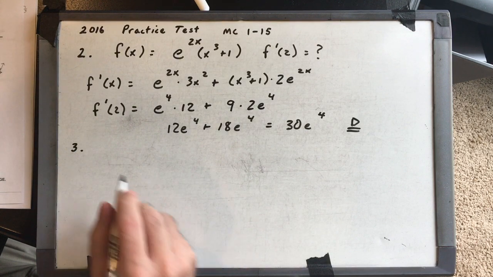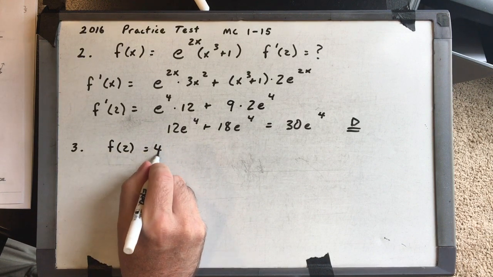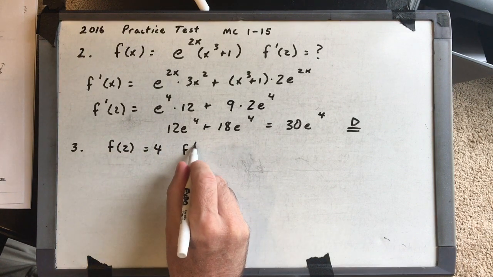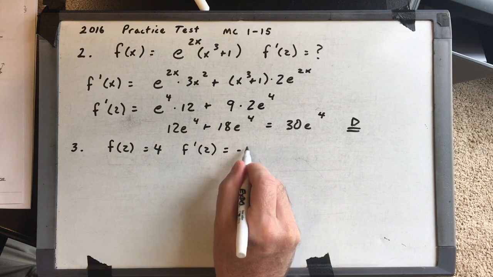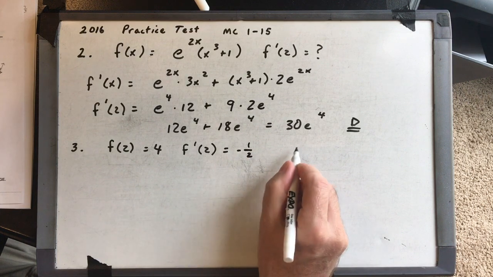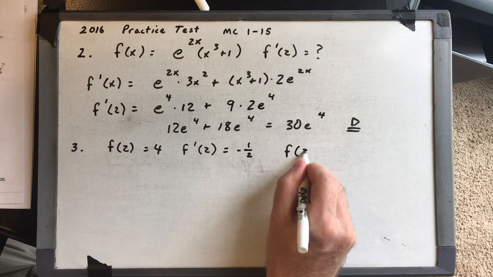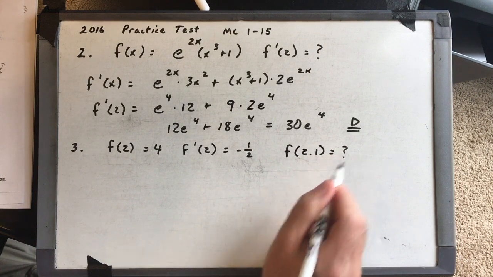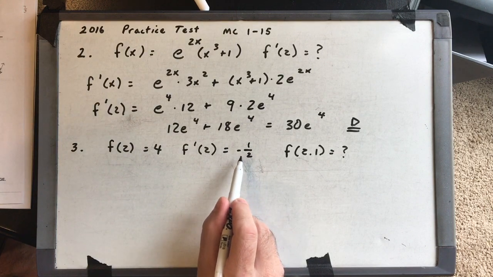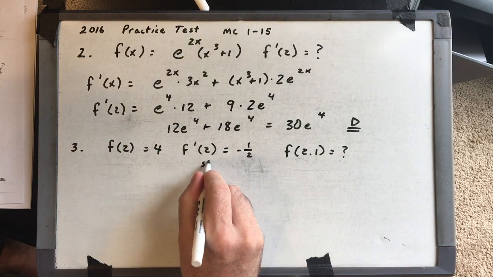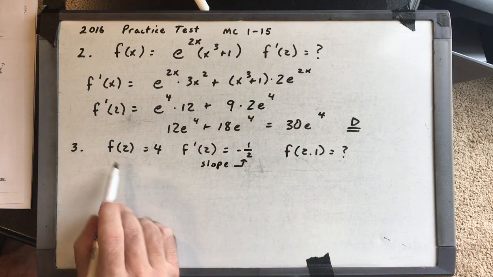So it says we have a function such that f of 2 is equal to 4. F prime of 2 is equal to -1/2. What is the approximation for f of 2.1? So we have to get a tangent line equation. We know that the slope at x equals 2 is equal to -1/2, and we have a point here.